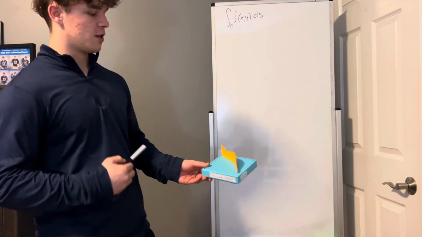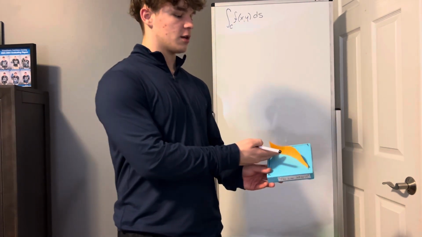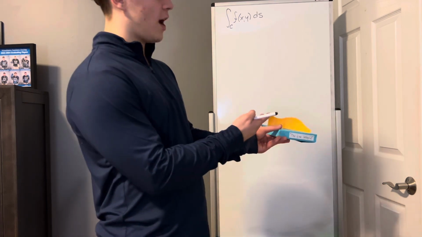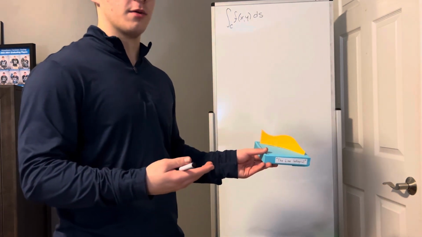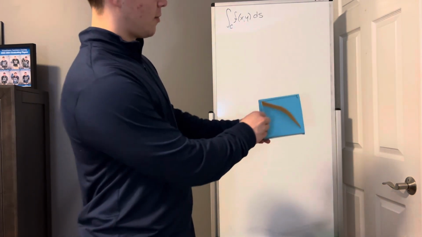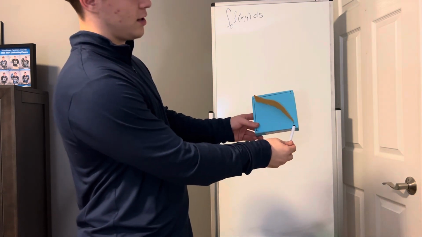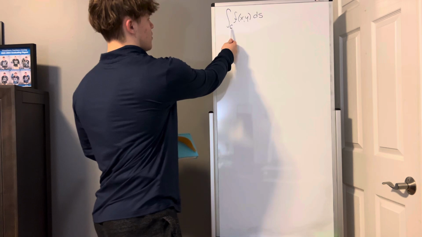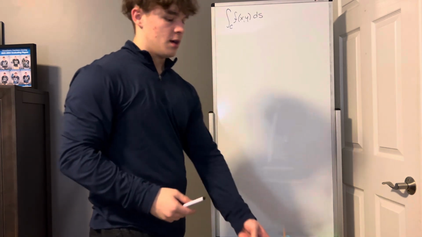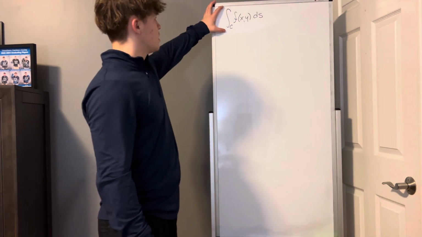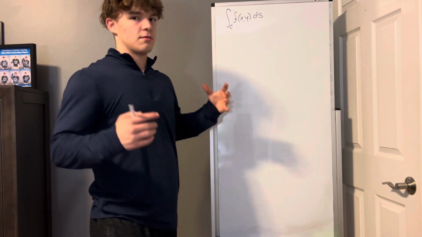But what a line integral is, it's some integral. It vaguely represents a normal integral that we would evaluate, except this time we have a line that we want to integrate about. We call this the curve C. The curve C is right here. This is called a line integral.